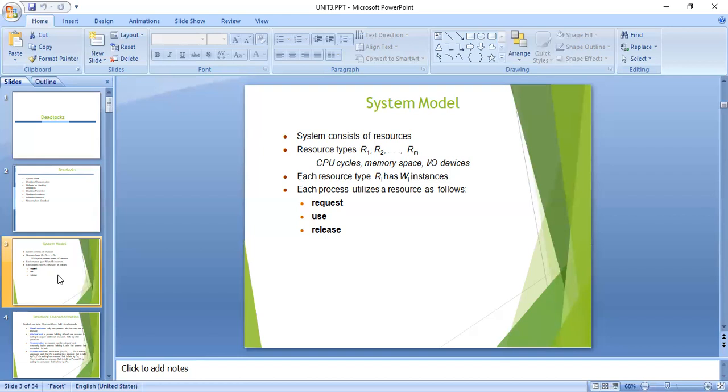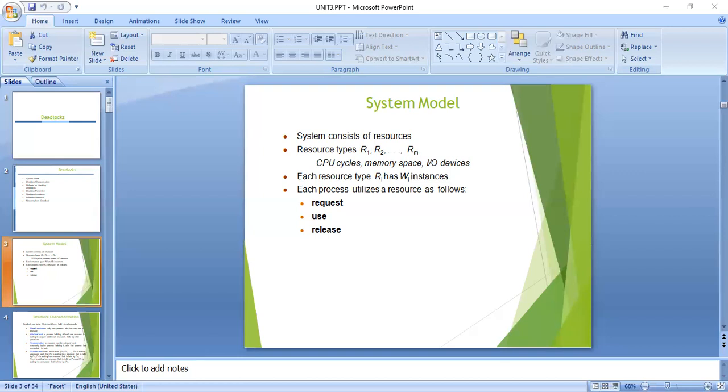If the process wants to access this resource, first it has to create a request. Then after that, it can use the resource and then it can release the resource. While requesting the resource, if the resource is available, then the operating system will provide the resource to the process. What is a process? A process is nothing but a program in execution.